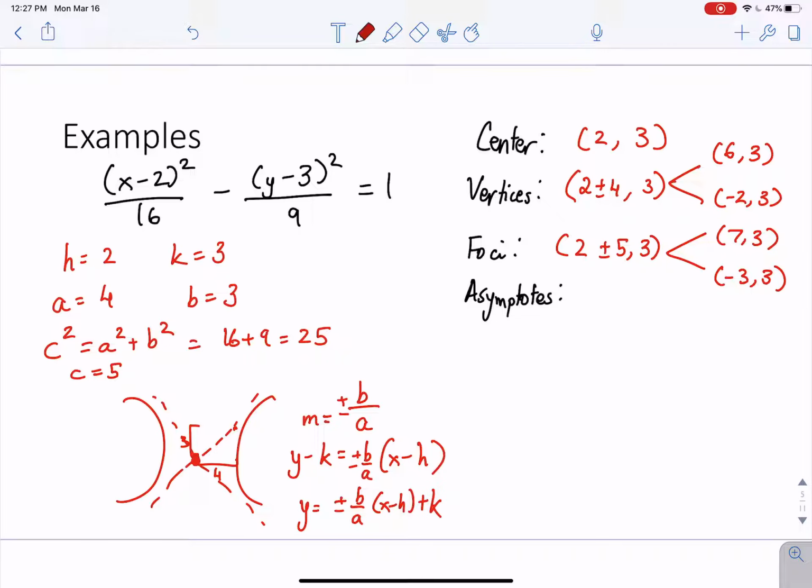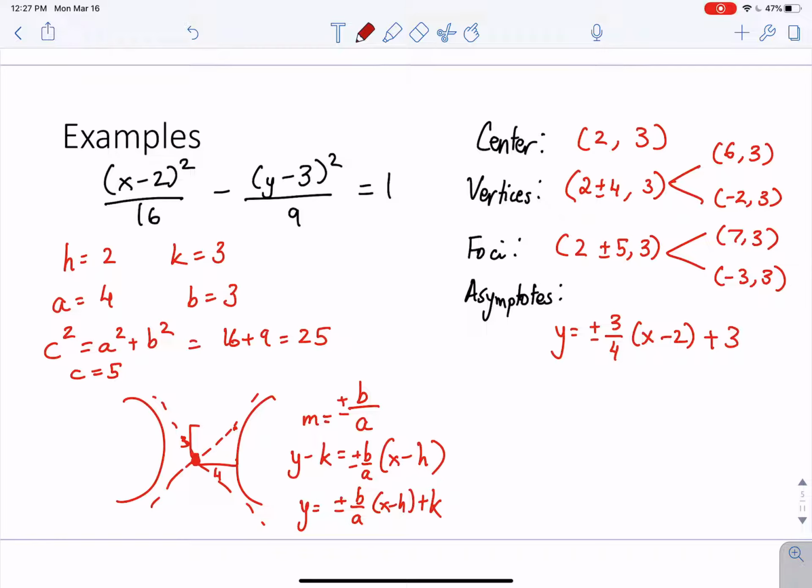This is the asymptote equation set up for a horizontally facing hyperbola. So if I plug all the values I know into this equation, I'll get y equals plus or minus b over a, so 3 over 4, x minus 2 plus 3. And that gives me my two asymptotes for this.